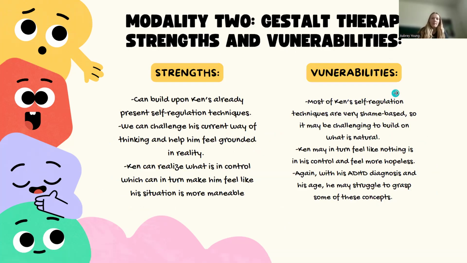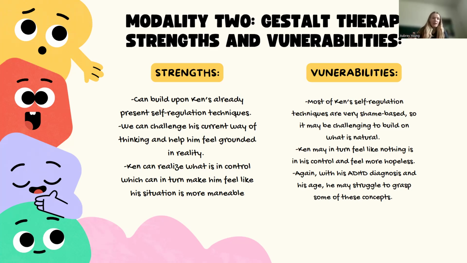So moving on. Okay, strengths and vulnerabilities of using Gestalt therapy with Ken. So strengths: it can build upon Ken's already present self-regulation techniques. Although they may not be good, we can identify parts of them and help him build on what he does have, right?